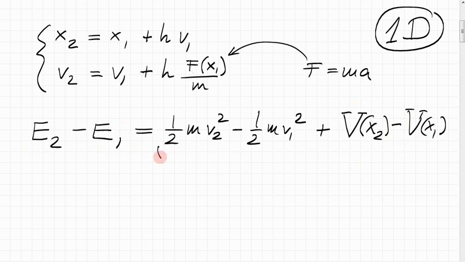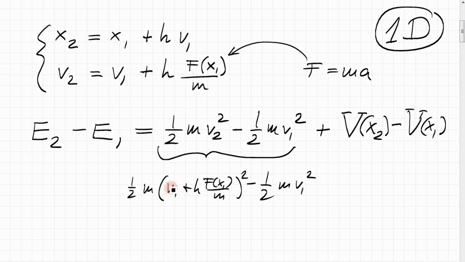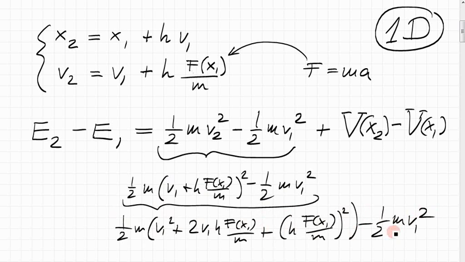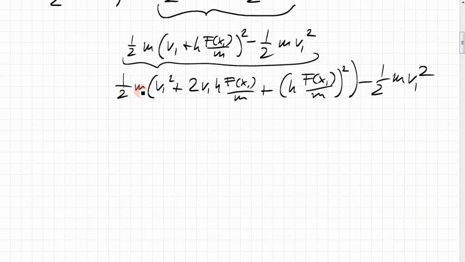First, let's look into kinetic energy. You spell this out, which yields 1/2 mass v1 squared plus 2 times the velocity at the start times step size force over mass plus step size force over mass squared, minus the initial kinetic energy, 1/2 mass times initial velocity squared, and this one cancels.